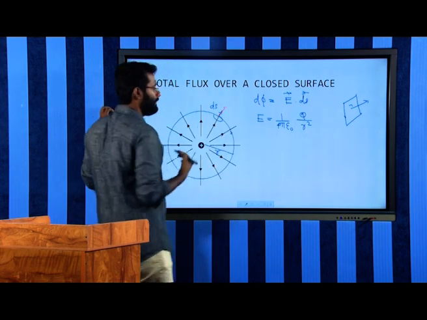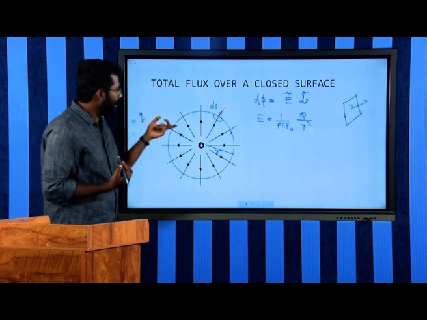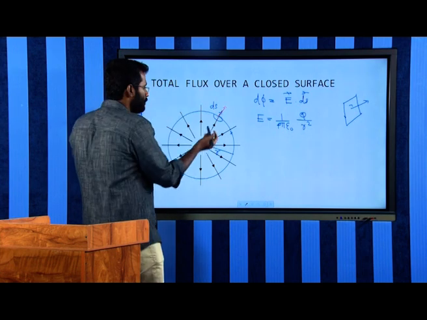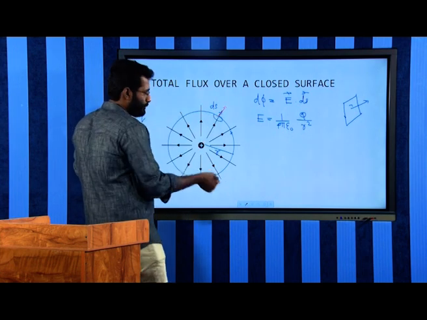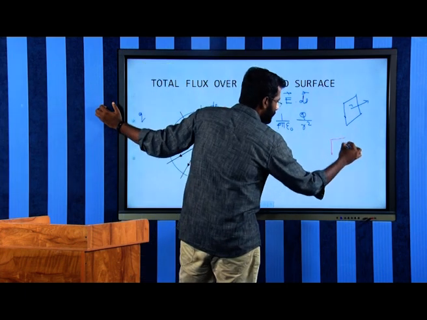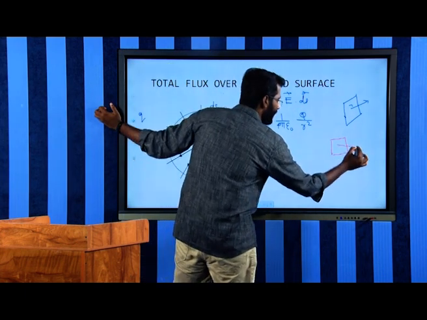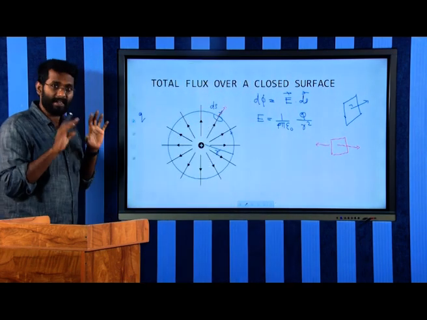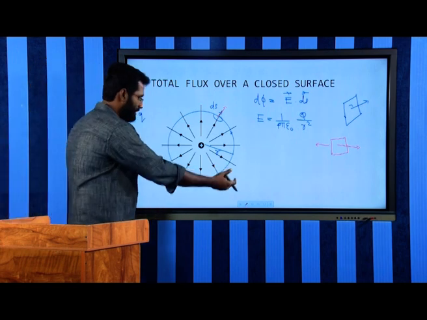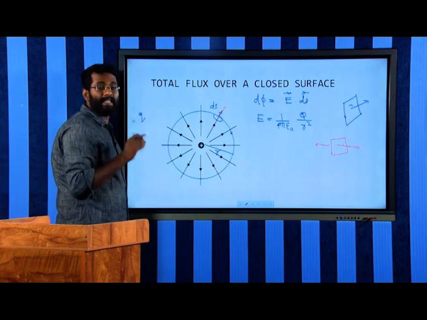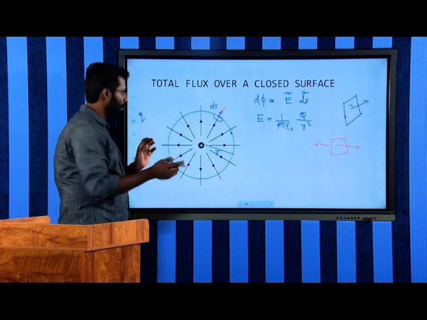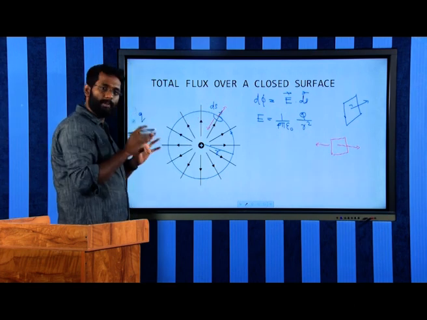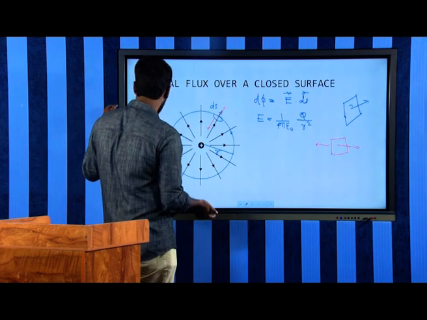We may have a doubt: it is a sphere, so it can have an area direction inward also, towards here and towards here. But there is a convention that if you are considering a closed surface like this, we have to take the direction of area always outwards. You cannot take it inward, because it is a closed surface and this is the convention followed.